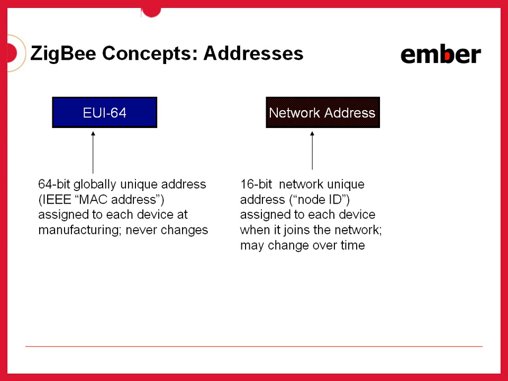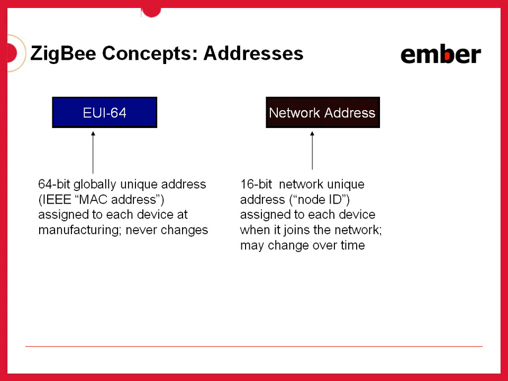But much like the extended PAN ID, because this is a fairly large quantity of 8 bytes rather than 2 bytes, it's not sent over the air very often. So in cases where data needs to be kept regarding addressing, most of the time the 16-bit address is used. So this is a shorter address known as the node ID, and this is unique within a network, similar to an IP address in the Ethernet world.